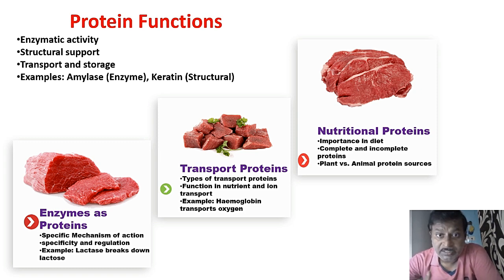Non-vegetarians will take animal proteins like this chicken, and vegetarians need not worry about that. They have plant-originated proteins from plant sources. From that you can also get grains and some kinds of cereals, all of which have proteins. So protein can be taken either from a plant source or from an animal source.